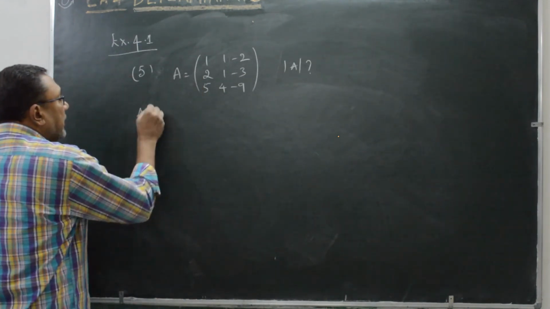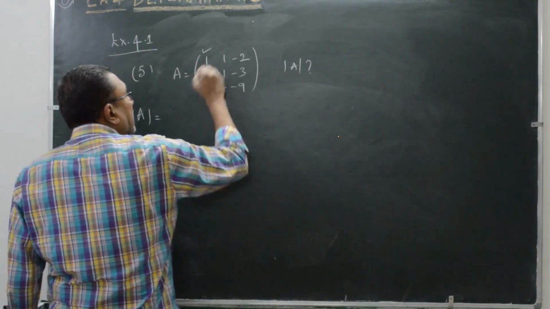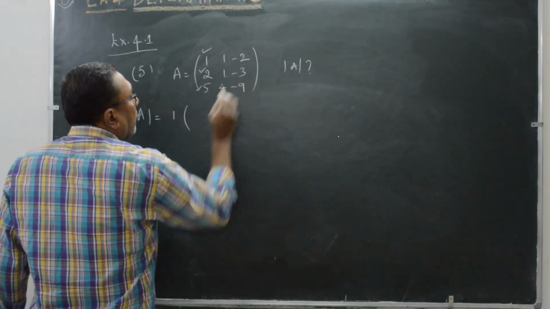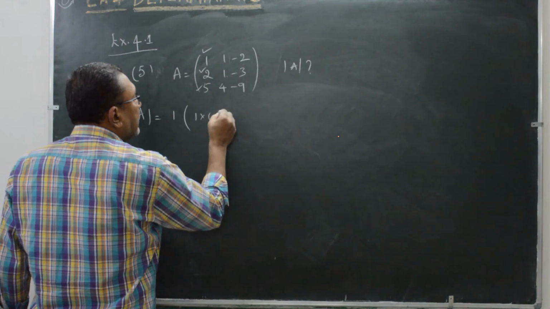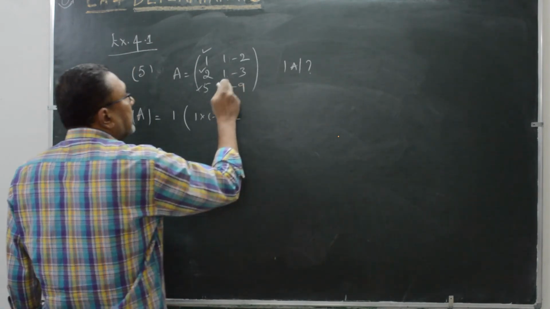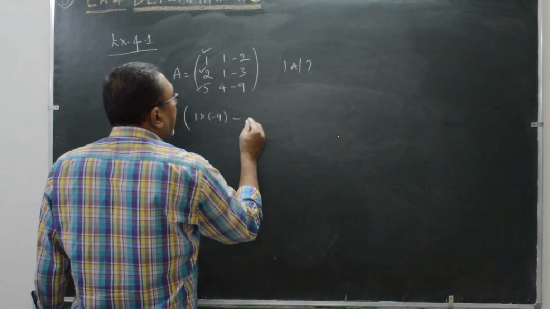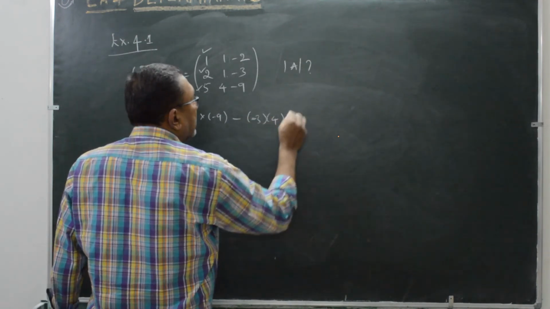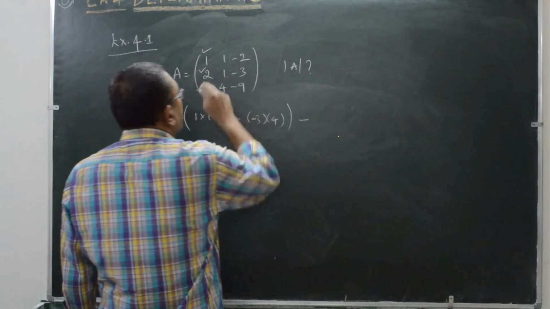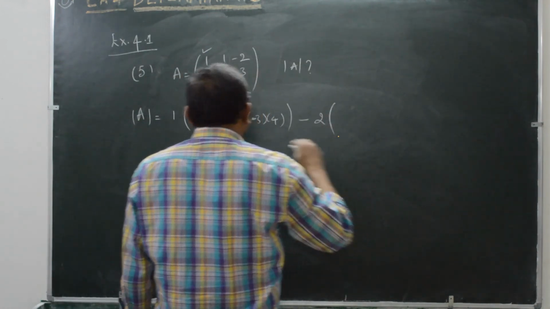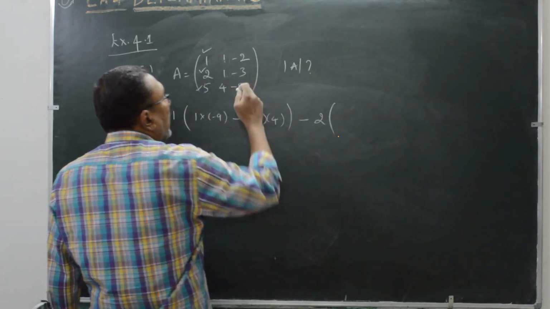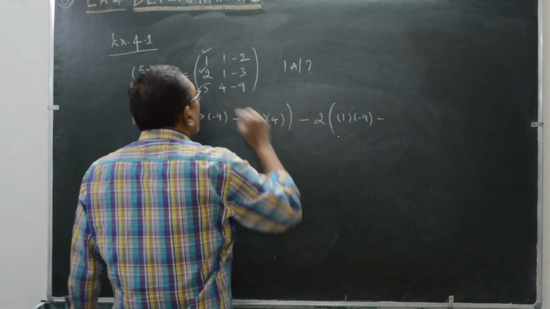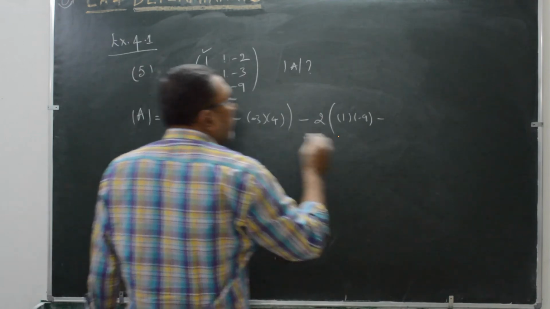So let us expand with the first row, 1 into minus 9, minus 3 into 4, minus 2 into, when I am taking 1 into minus 9, minus 2 into 5.